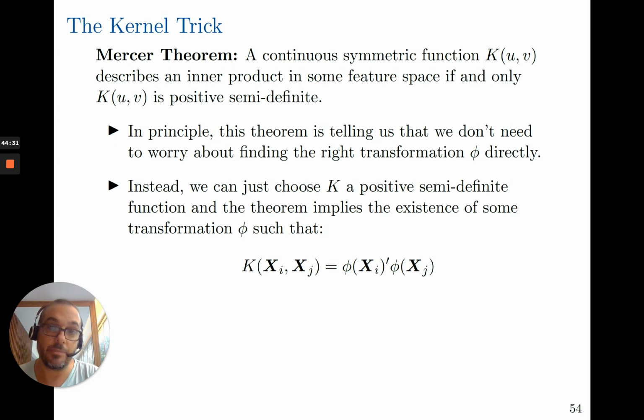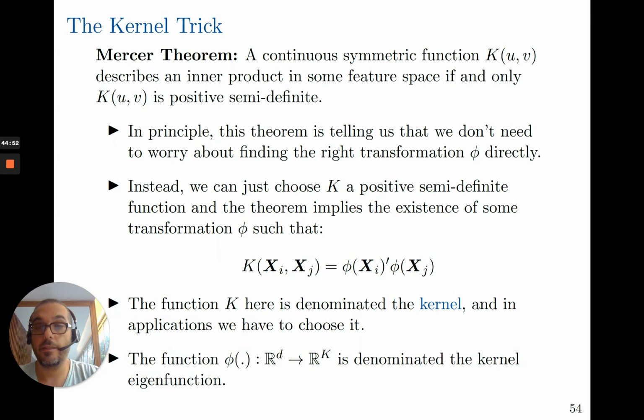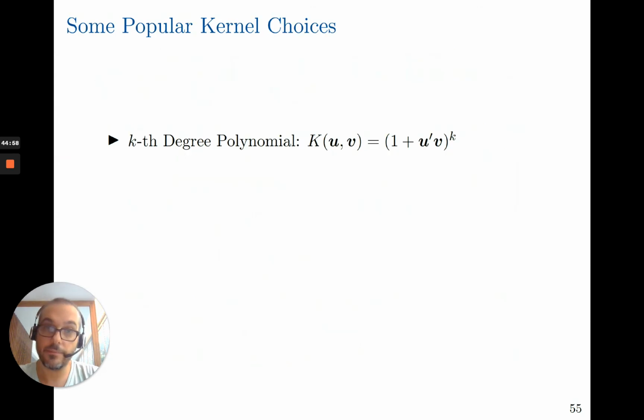We can work with the inner product. So we define this function k that will be given by the inner product of phi xi, phi xj. Okay, and this function k is denominated the kernel, and the function phi is denominated the kernel eigenfunction.